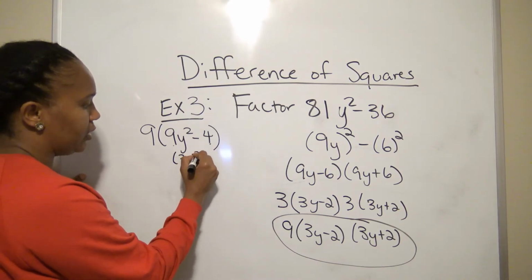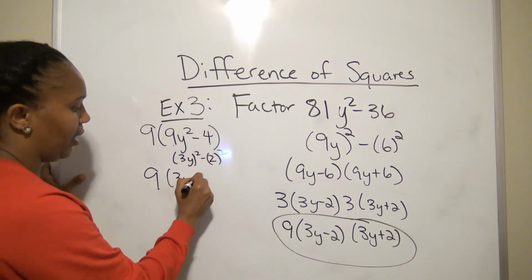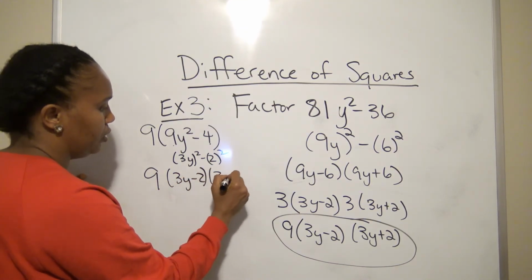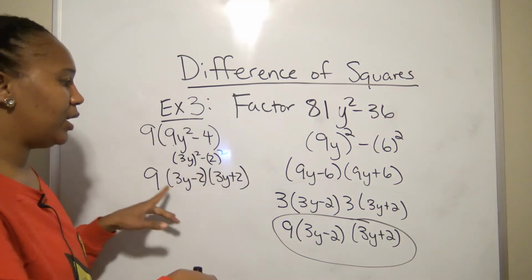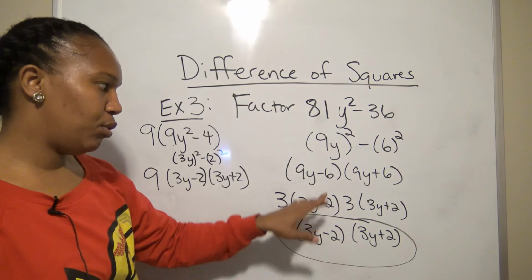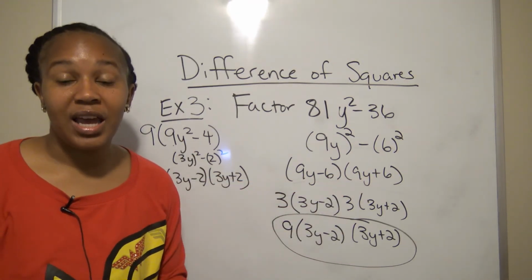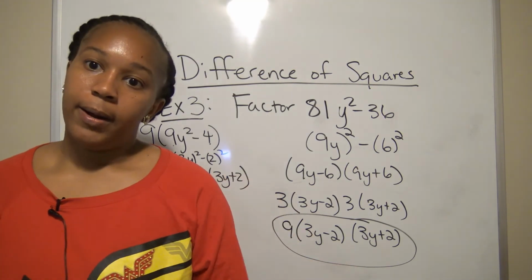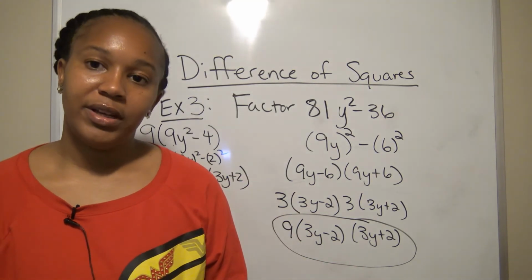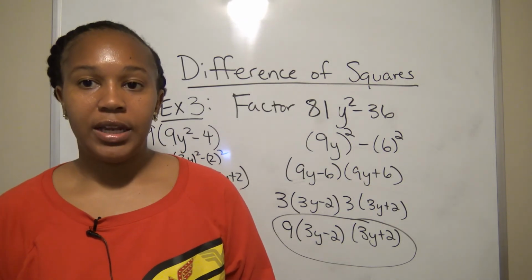That's 3y squared minus 2 squared. So that would have factored into 3y minus 2, 3y plus 2. So if you would have pulled out the GCF in the beginning, you still would have got the same result. You wouldn't have to go through and pull out the GCF out of both of them and then multiply. So either way you go, you still get the same answer. So go whichever way you like best. But technically you're supposed to look to see if there's a GCF in the beginning to pull out.